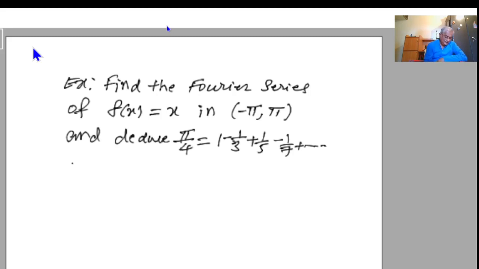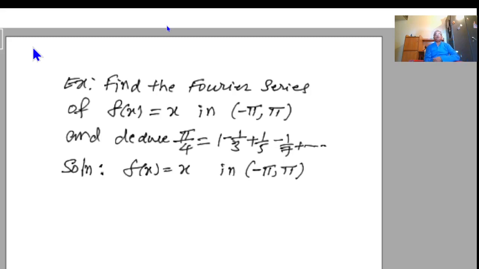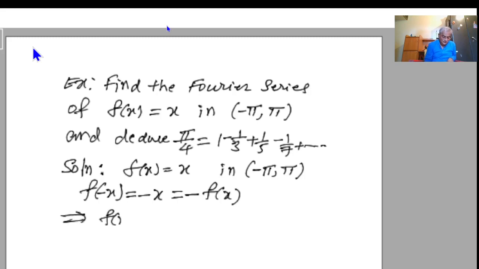Okay. So for that, let me consider here a solution. F of x is equal to x defined in the interval minus pi and plus pi. Now, if I consider f of minus x, that is replacing x by minus x, this is equal to minus x, which is nothing but minus f of x. So here I am getting f of minus x equal to minus f of x. What this implies is f of x is an odd function.